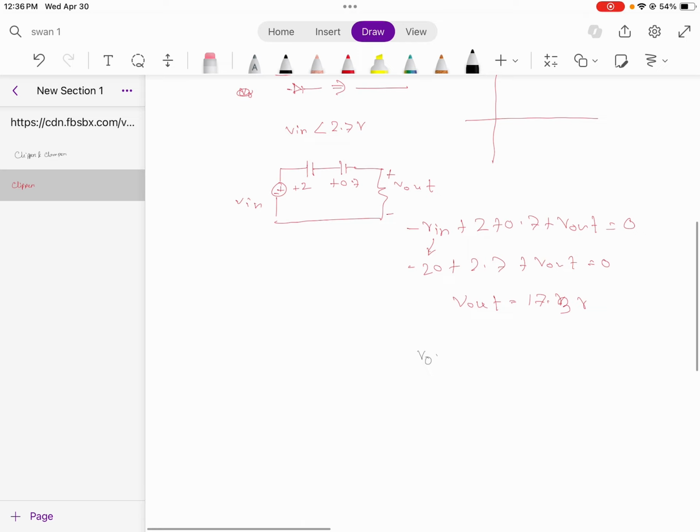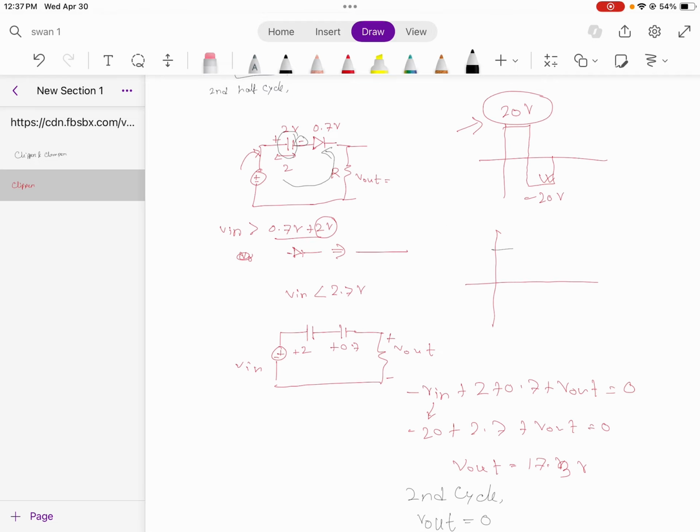Same as the previous case, the output for the second cycle will be 0. Now if we draw the curve, it will look like this. For the positive cycle, there will be an output of 17.3 volt, and for the negative cycle there will be no current, and it will continue. So this is also an example of a positive clipper. In the next section we will discuss the clamper circuit.